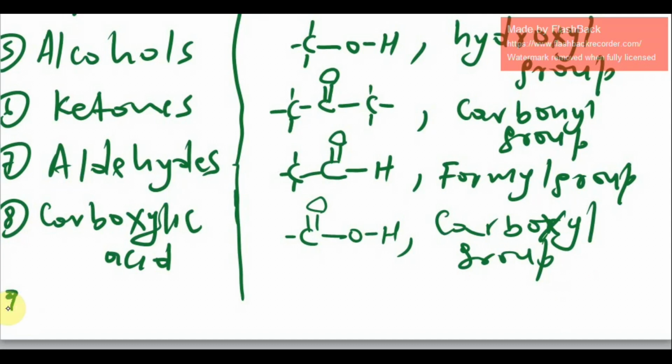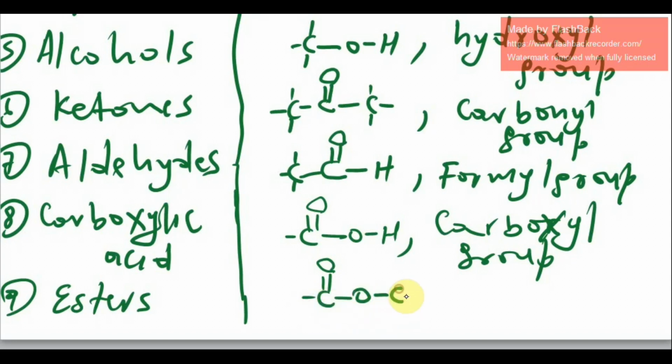The last homologous series is an ester. We have esters. Esters have carbon double bond O. Then we also have O, but not OH, OC in this case. There is a difference between this and this.